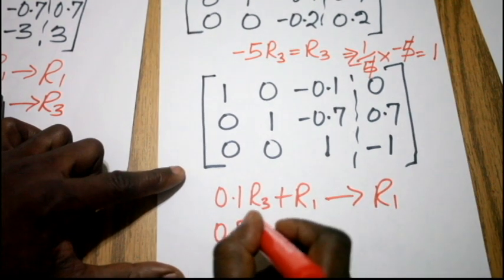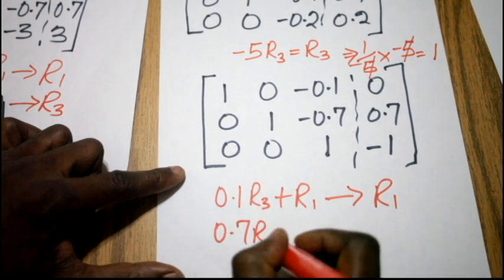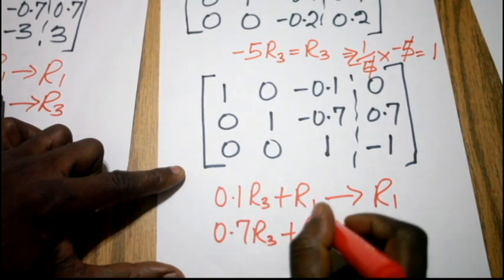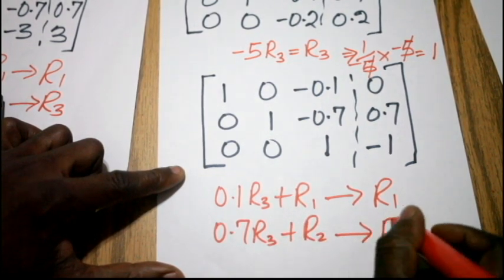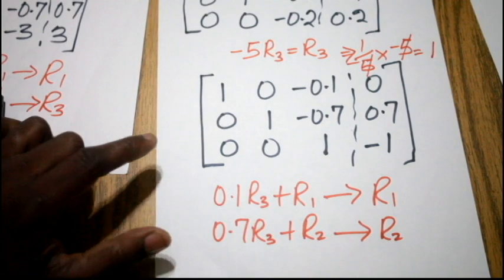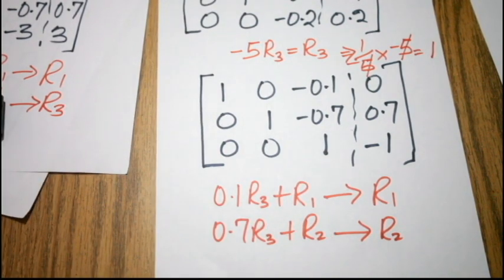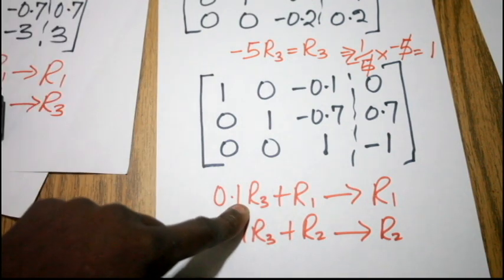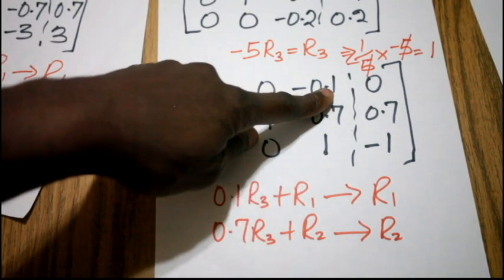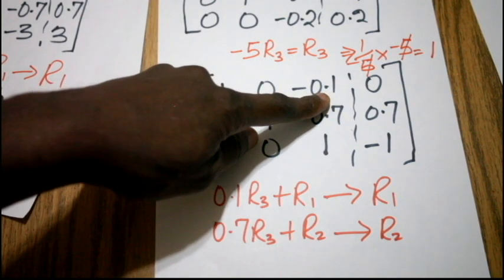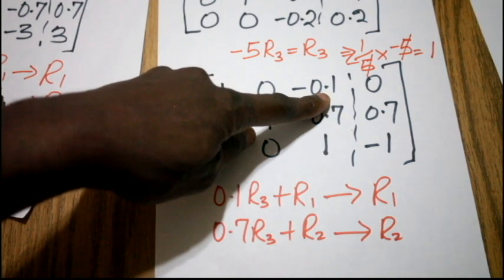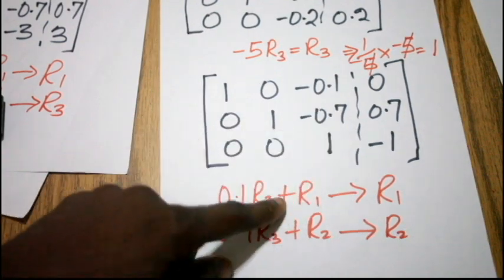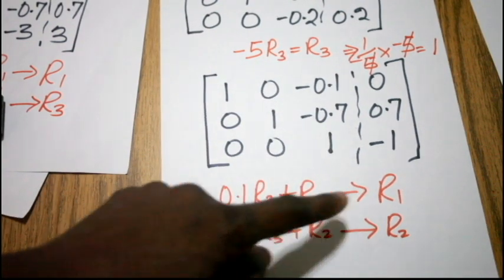Then 0.7 R3 plus R2 will give me the new R2. So that settles that with 0.1 of this multiplied by this. 0.1 multiplied by 0.1 is going to give me a 1 instantly. So plus R1, I'll have my 1.